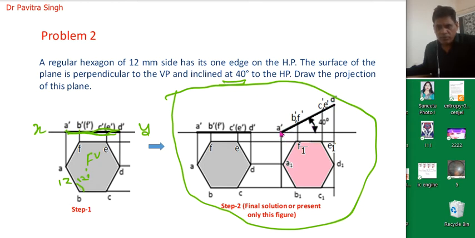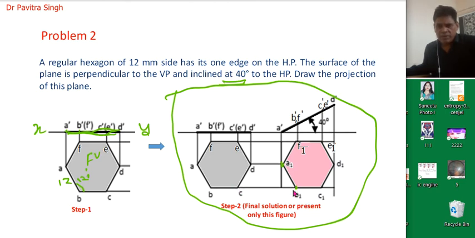Now we will draw a vertical line from point A dash and a horizontal line from point A, so we will get point A1. Similarly, a horizontal line from point B and a vertical line from point B dash intersect at the new point B1.